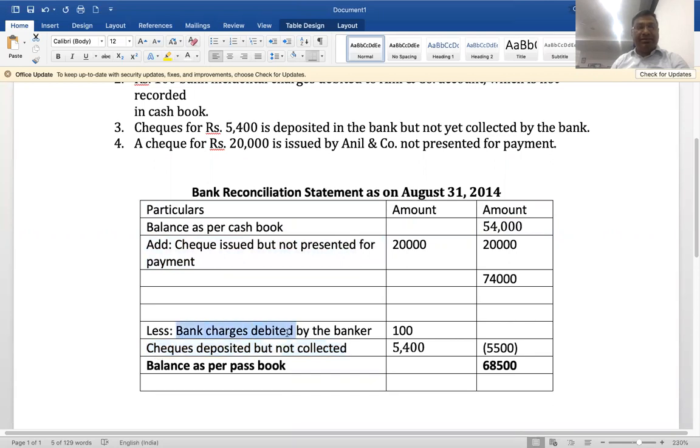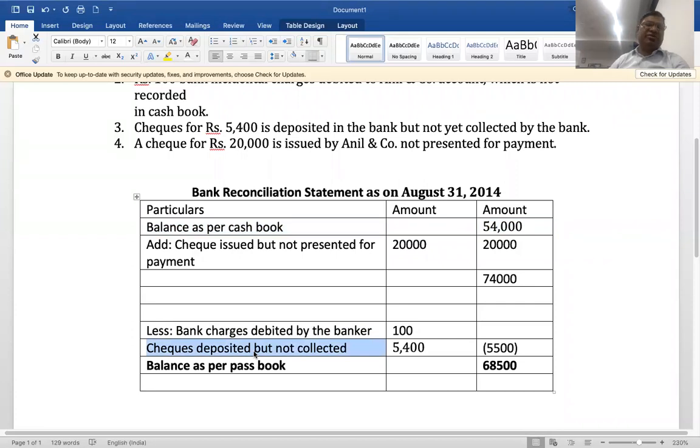And bank charges are always debited if it is favorable balance. If it is negative, again, this also is added. When it is favorable balance, checks issued but not presented is added, and bank charges deducted. Checks deposited but not collected, deducted.